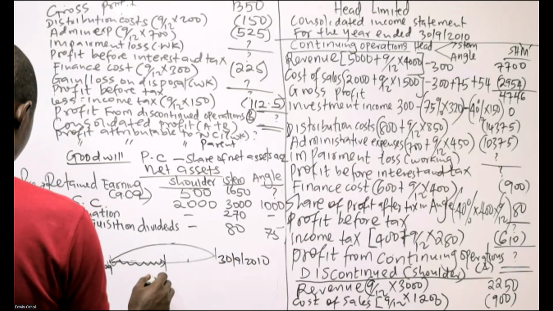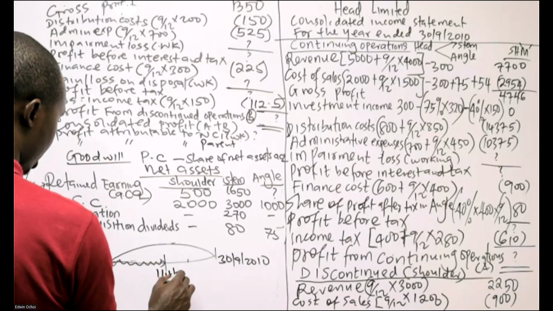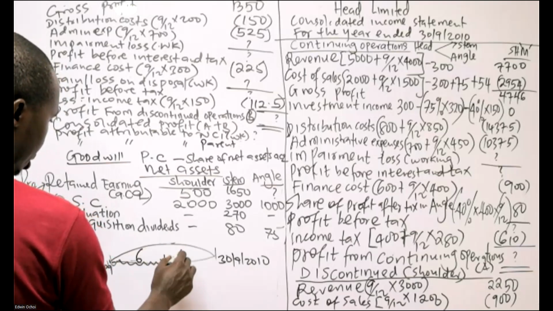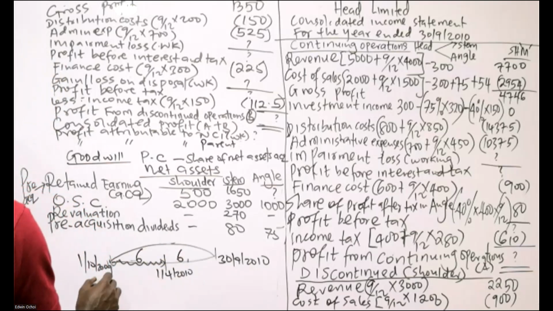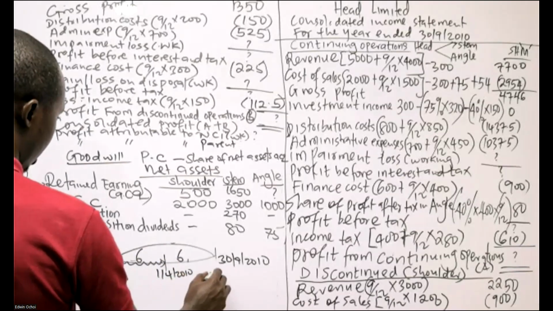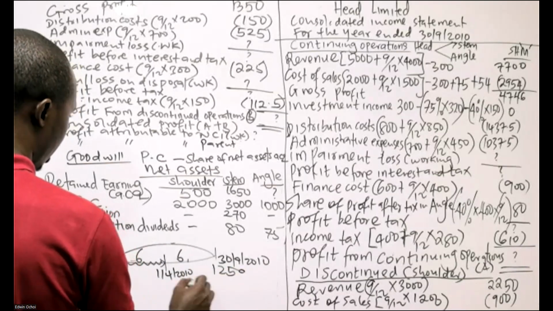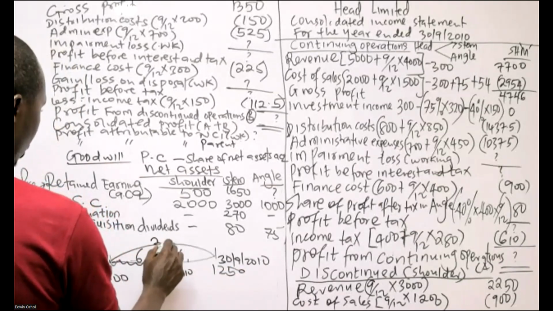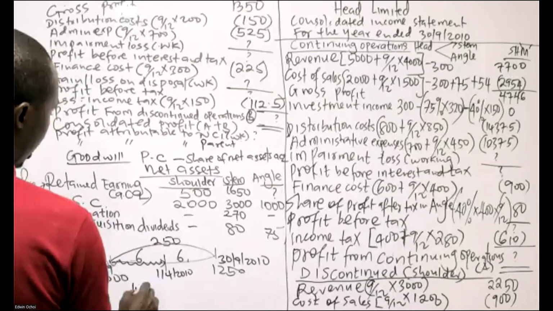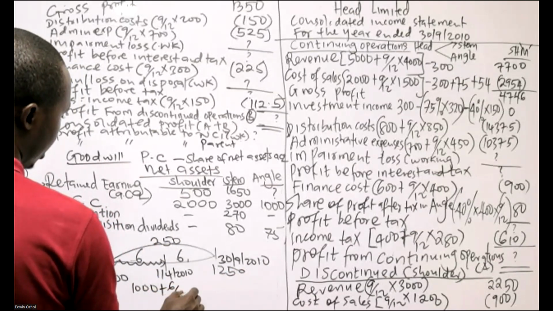The entity was acquired in April 2010. So brought forward here is 1,000. This one is 1250. Profit for the year is 250. So you can say 1,000 plus 6/12 times 250.